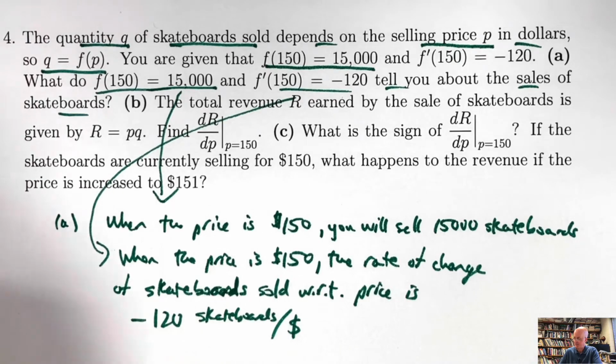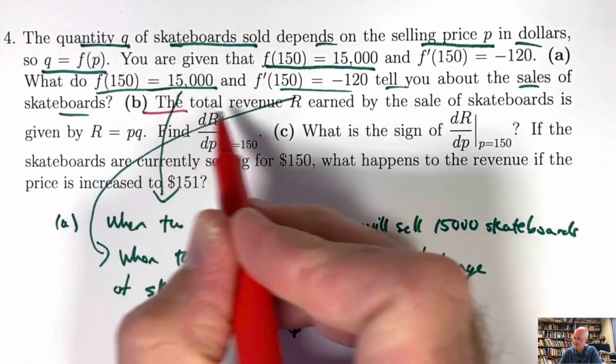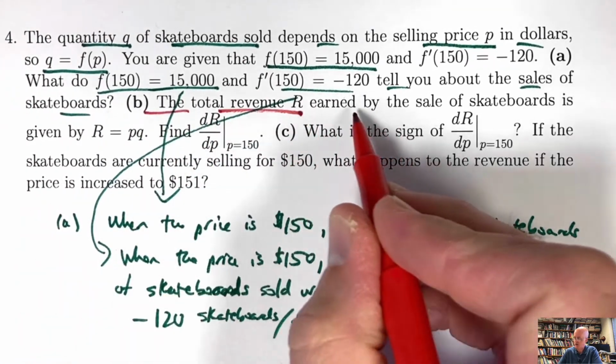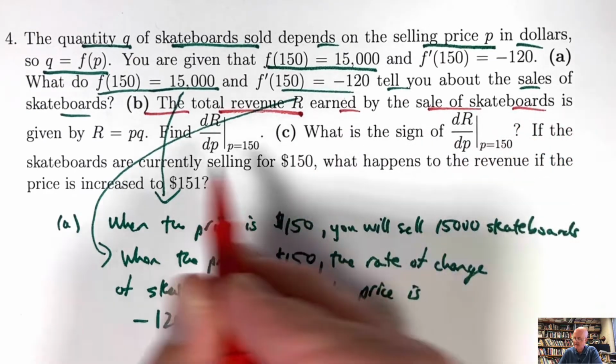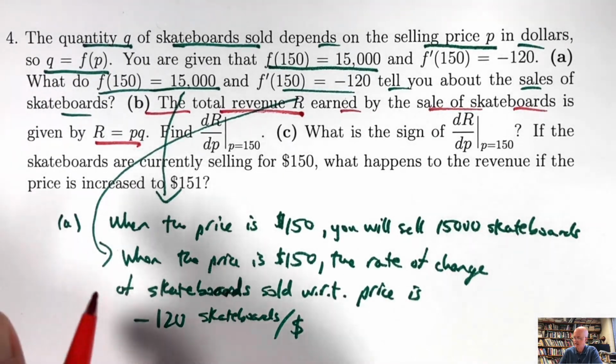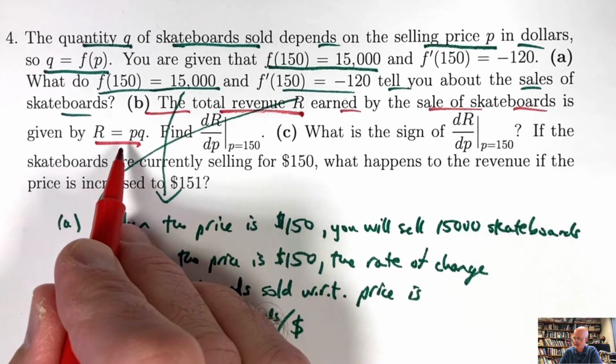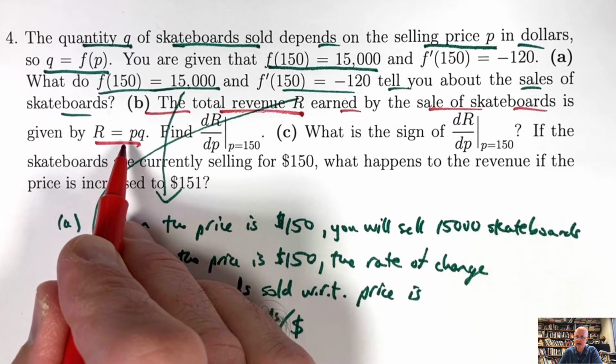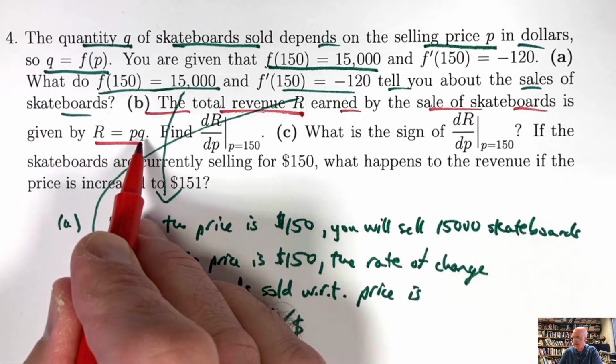That's okay. Part B, the total revenue R earned by the sales of skateboards is P times Q. Does that make sense? Revenue is money that you take in. It's not the same as profit because you're not considering expenses. P times Q. P is the price, dollars, and Q is the quantity sold, skateboards.